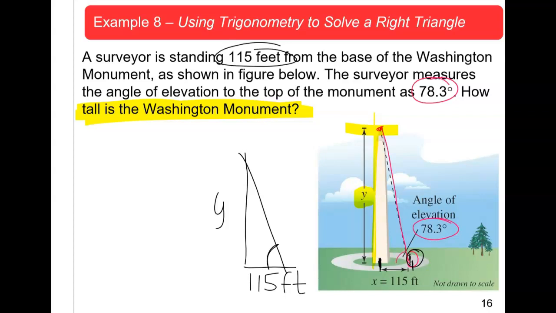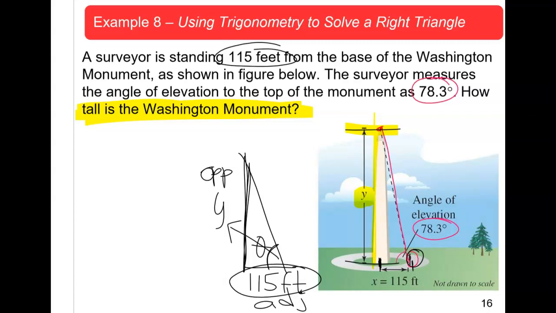With respect to this angle, I'm just going to call it theta for simplicity. With respect to that angle, the side which we're calling y, representing the height of the monument, is it the opposite or the adjacent side? It is the opposite side. So this is the opposite side, and the 115 is the adjacent side.